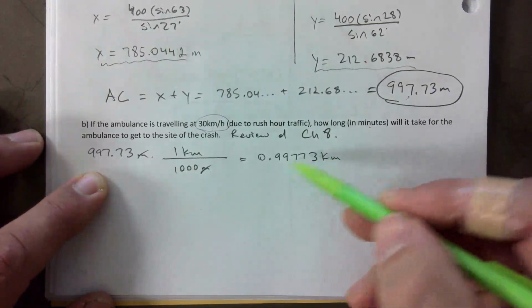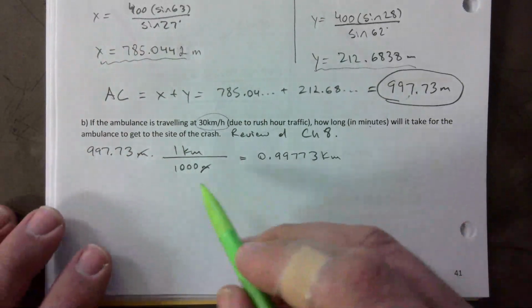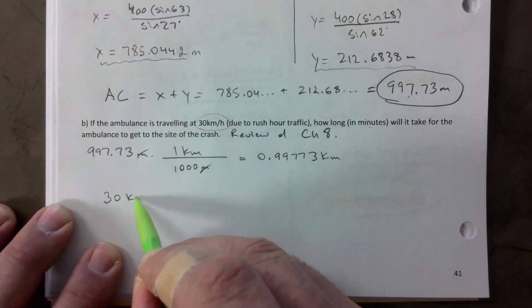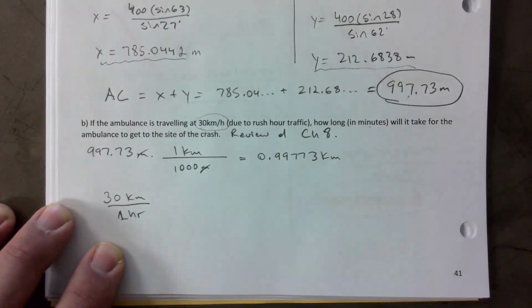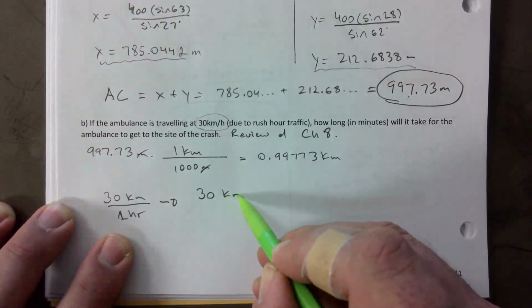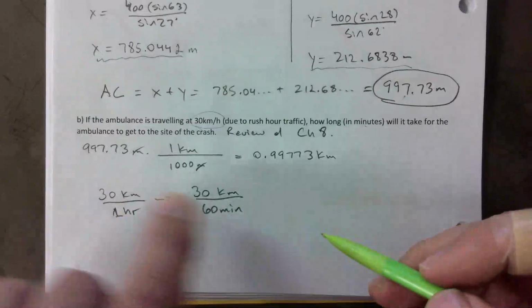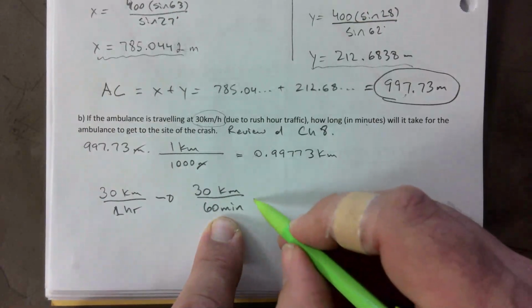So it's not quite a kilometer, almost. Very close, okay? So now you have a rate here. If it's 30 kilometers in 1 hour, it's probably better to just go 30 kilometers in 60 minutes. I would rewrite that in minutes. Maybe that's faster because you want your time in minutes, okay?